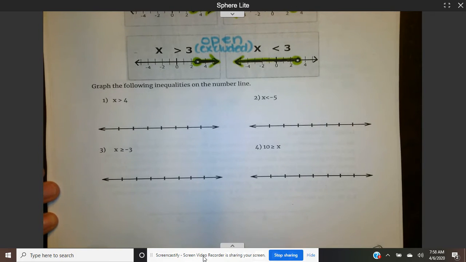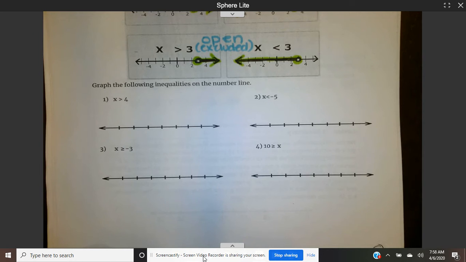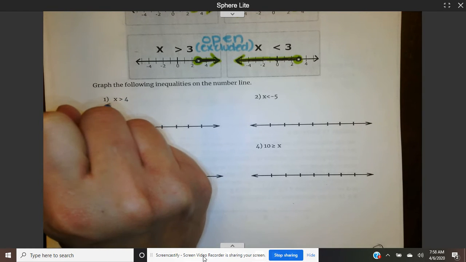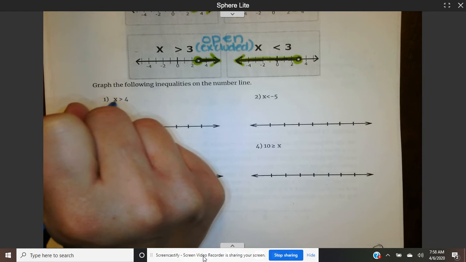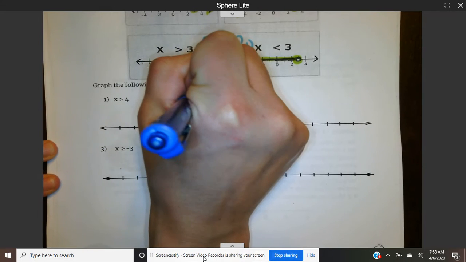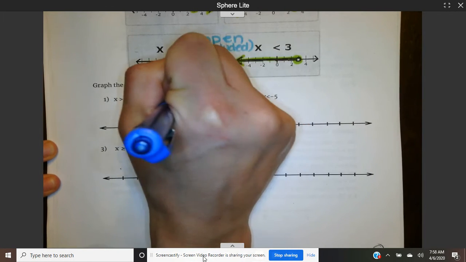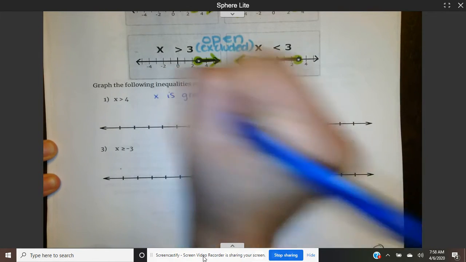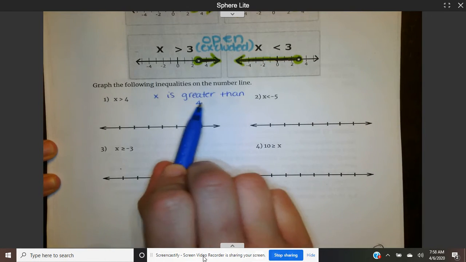We're going to graph some of these first, and then we'll solve some very easy one-step ones. Okay, so the first thing we have to do is I like to write, so x is greater than 4. Okay, so that's how we would translate it.